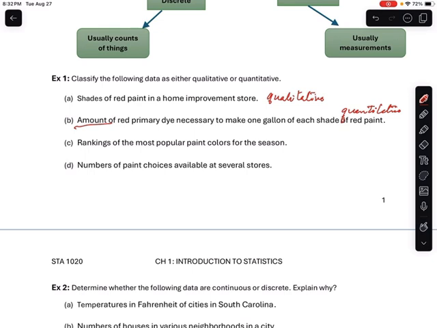Rankings, remember, are labels, so this is qualitative. And number 4 is saying numbers of paint choices available. Numbers means counts, so this is quantitative.